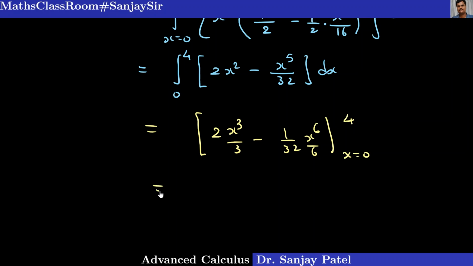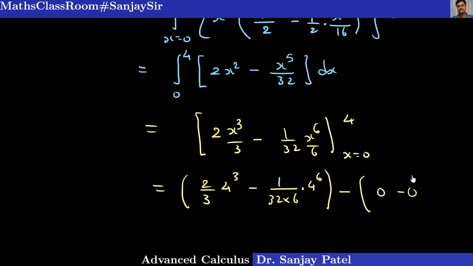So putting the values, we get 2 by 3, first x equal to 4, so into 4 cube, minus 1 upon 32, and let me not simplify this, x to 6 means 4 to 6. When you put x equal to 0, both of these terms become 0. So we are left with only this much.